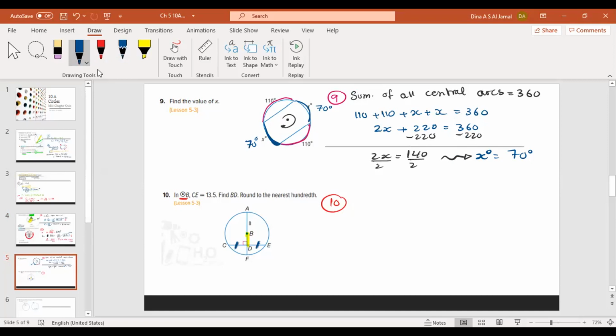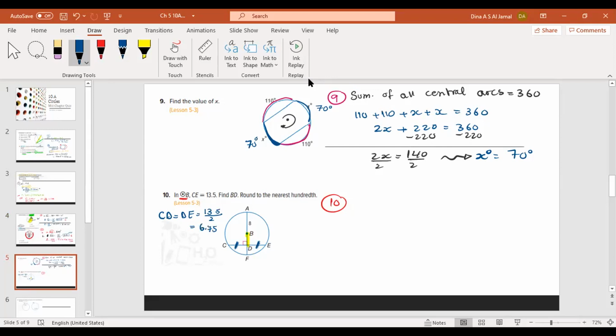That means your CD will be equal to DE, which will be equal to 13.5 divided by 2. Great. Now, dividing by 2, the answer is 6.75.